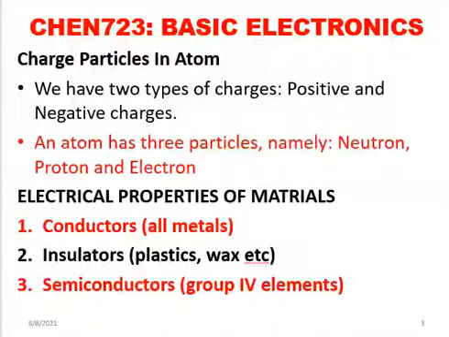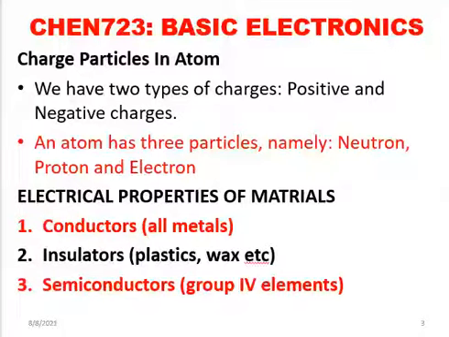We have a proton, which is positively charged. So we have two types of electric charges, negative and positive. An atom has three particles: proton, neutron, and electron. The proton is positive, the electron is negative, while the neutron is neutral.